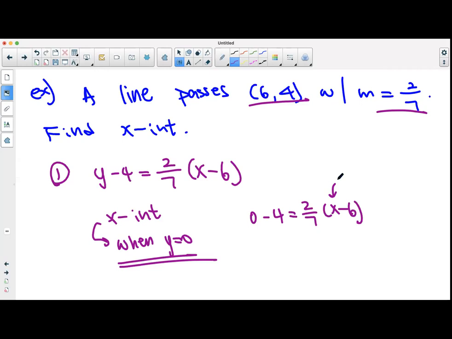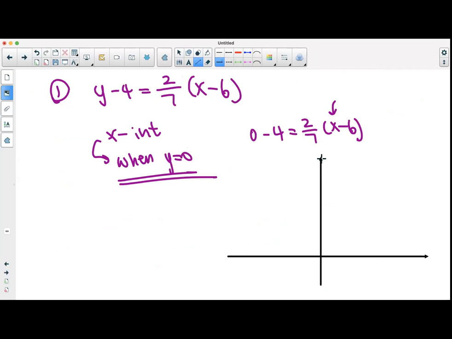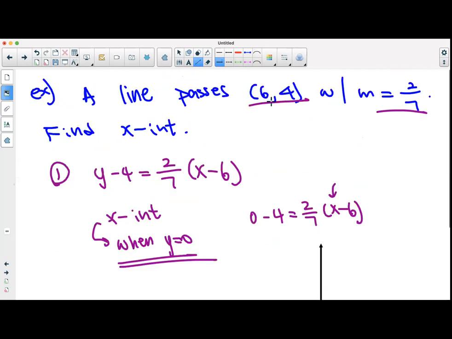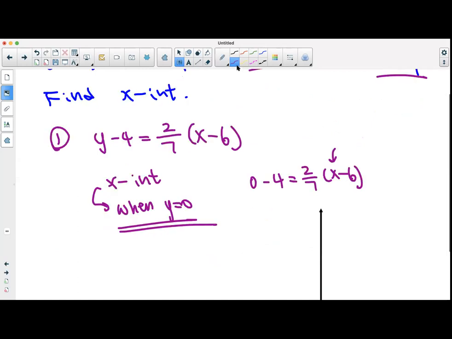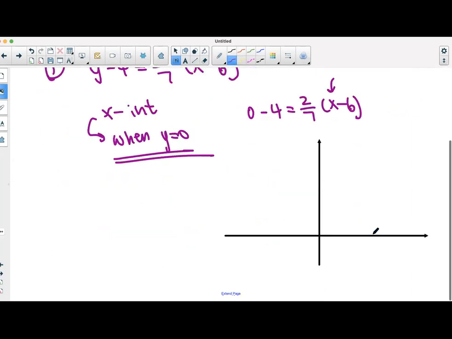Now, second, what am I looking for in the second way? I'm looking for something like this. Imagine my point is 6 comma 4. Since it's 6 comma 4, what do I realize? Let us say this is 6, and let's say that's equal to 4.